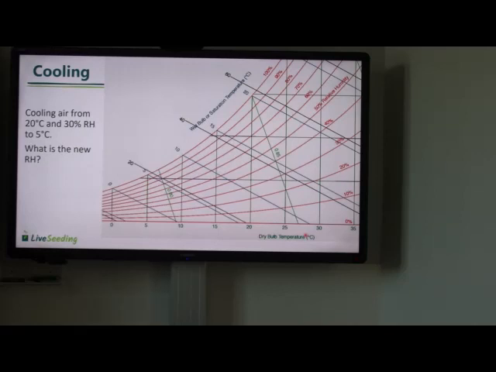That's what you can calculate with this. So we have 20 degrees at 30% relative humidity. We go down to 5 degrees. Okay, that is 5 degrees, and then you see that you are at the line of 80% relative humidity.